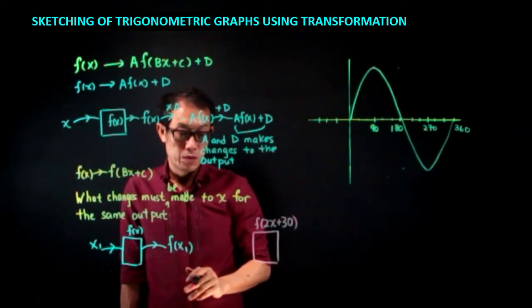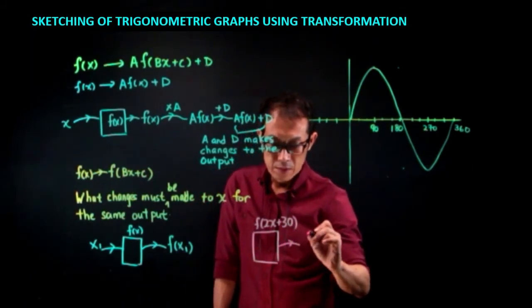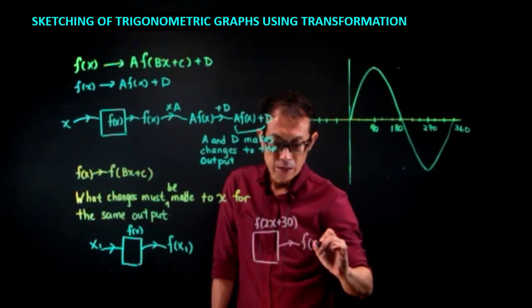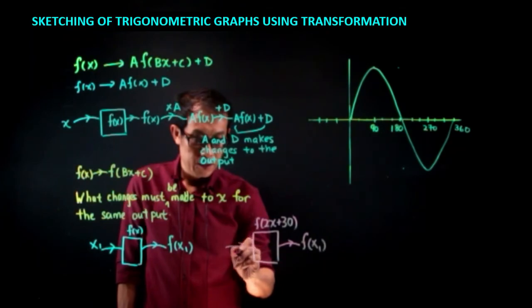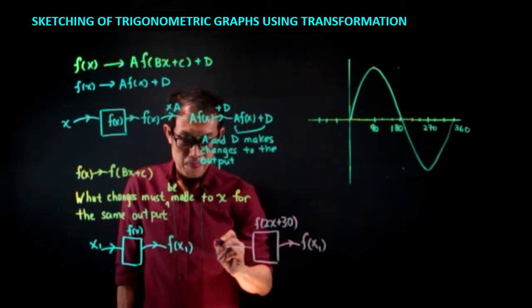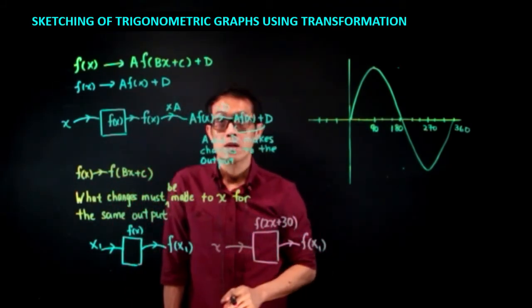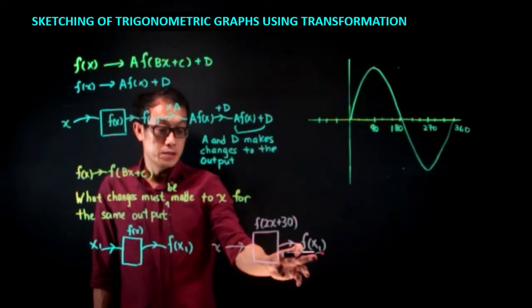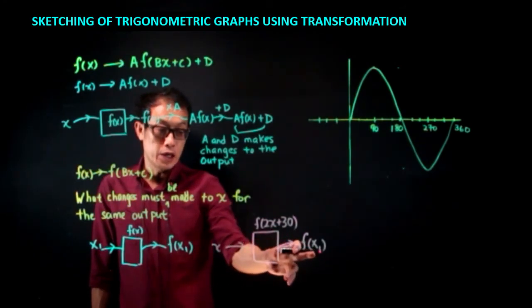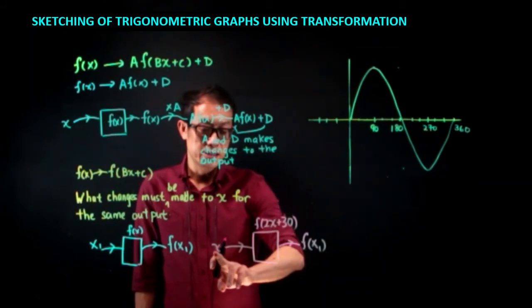So you want to get the same f of x1. What must you put inside? You put inside x, but you want the output to be f of x1.